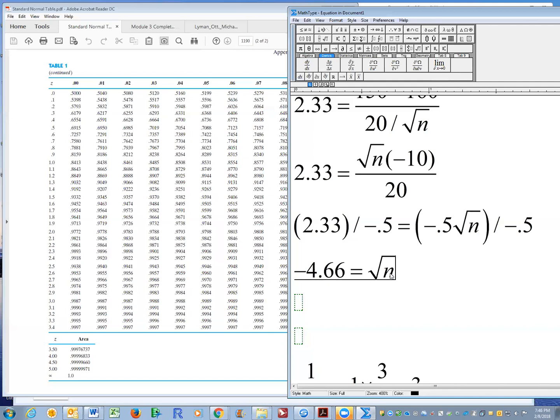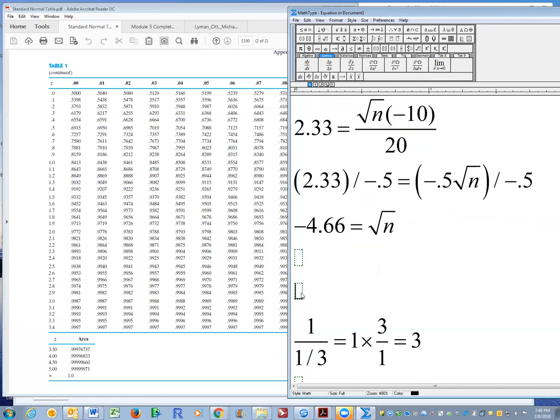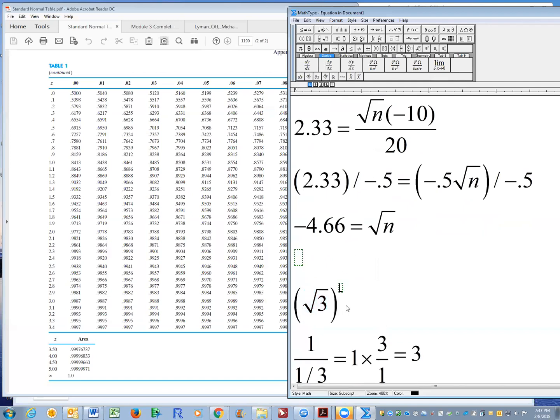And so now to get n by itself, I've solved for the square root of n, but I just want n. Well, think with me in terms of radicals. Remember this kind of rule here. If I had, say, the square root of 3 and I squared it, remember what that would be?